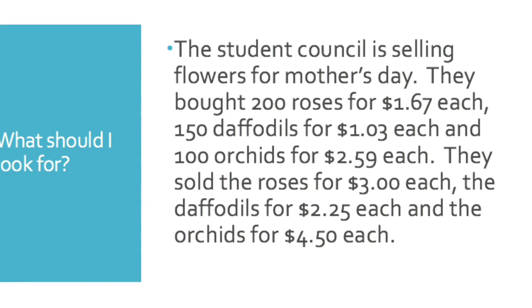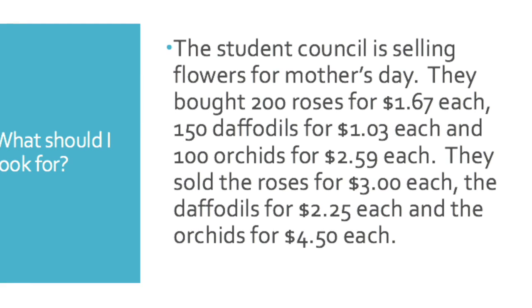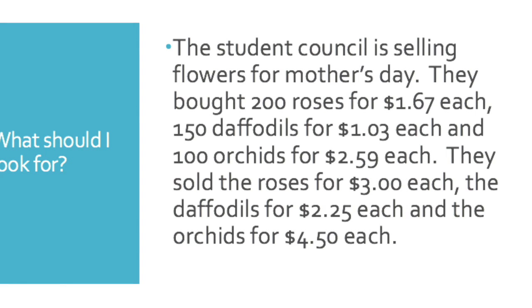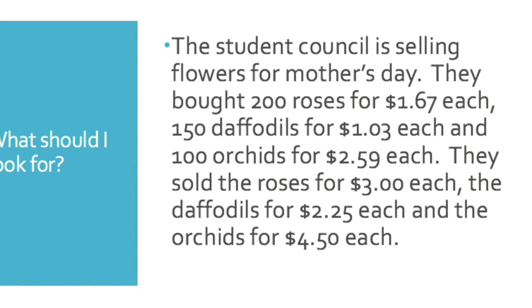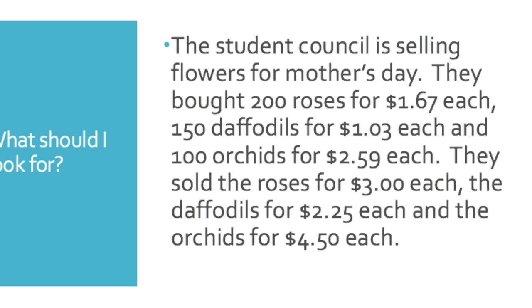And then the other side would be the price. It doesn't matter where you put them as long as you are consistent. But I also need to make sure that my roses match up with my $1.67, my daffodils with $1.03, and my orchids with the $2.59.